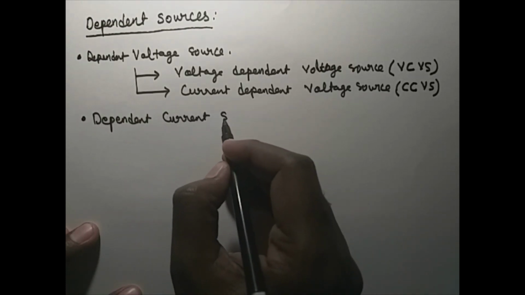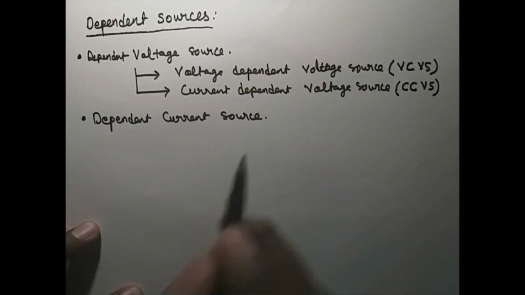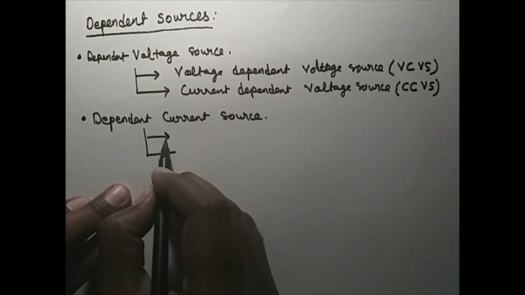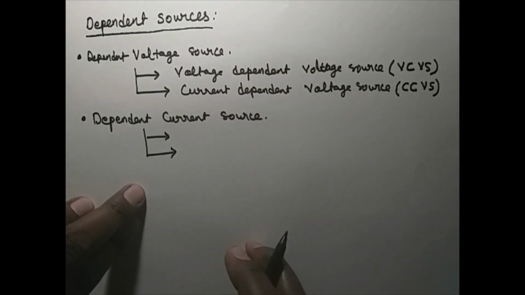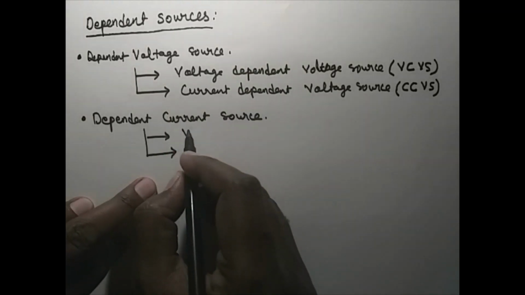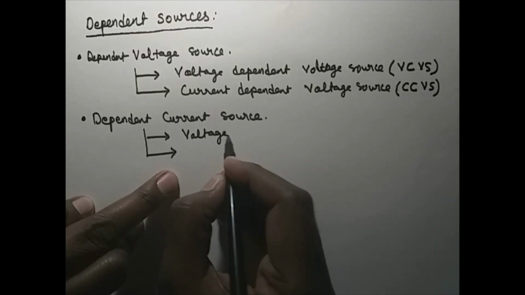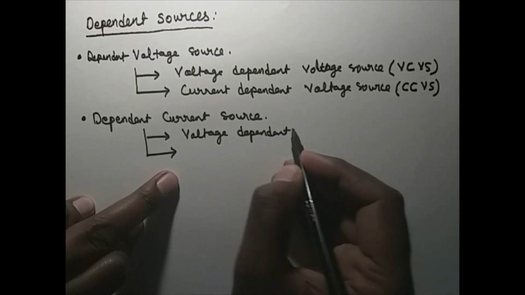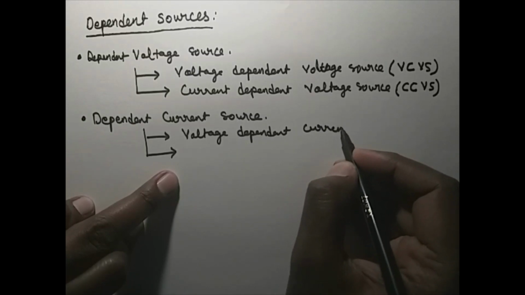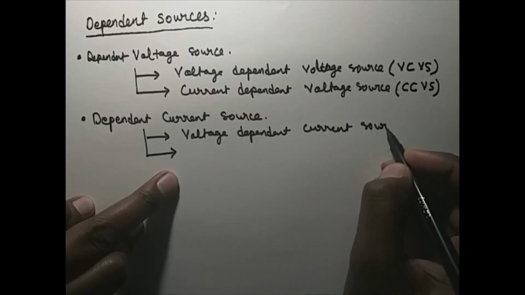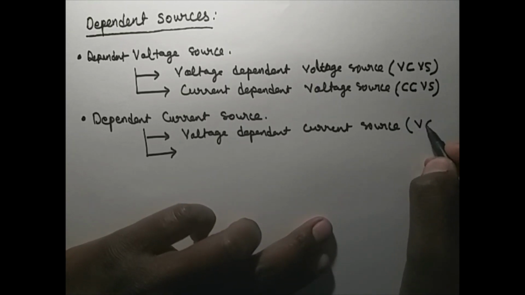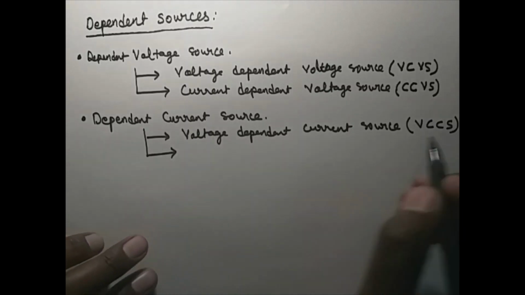Dependent current sources are also of two types. First is voltage controlled or voltage dependent current source. This is also called VCCS, means voltage controlled current source.